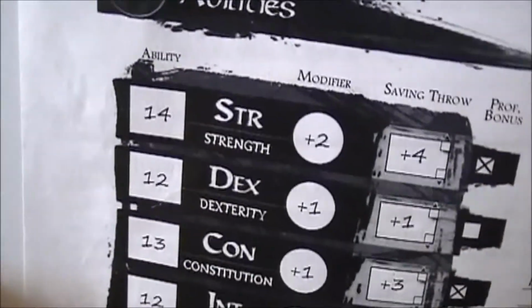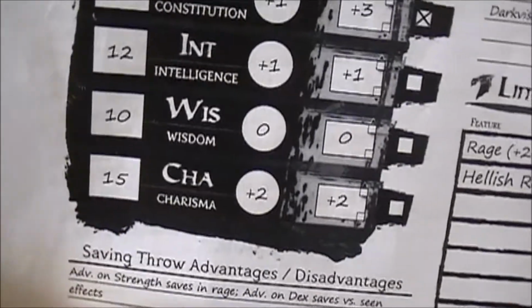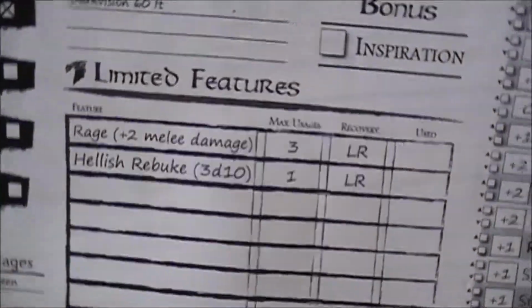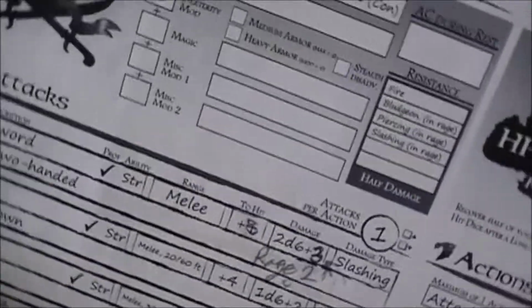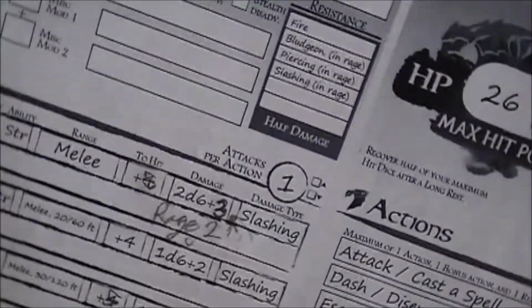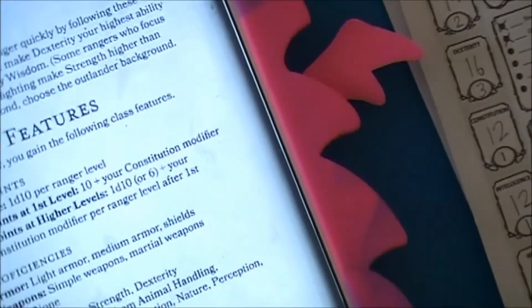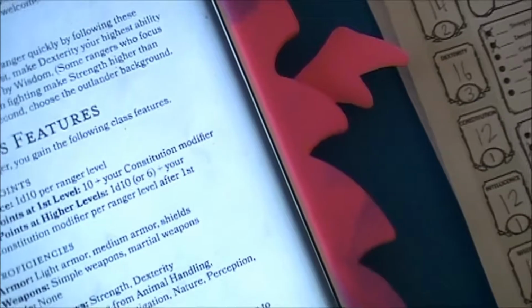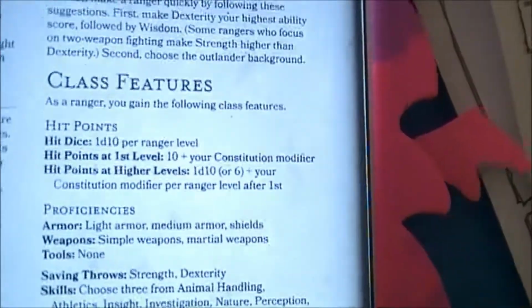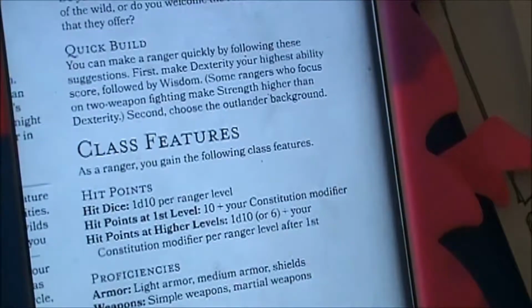It also helps you here with some of the modifiers for the numbers. This one was my tiefling. I think I was a barbarian. That was a weird combination. I probably would not recommend that one.